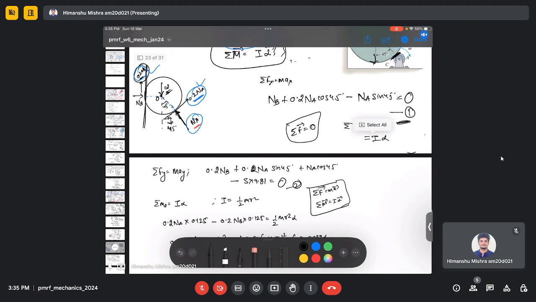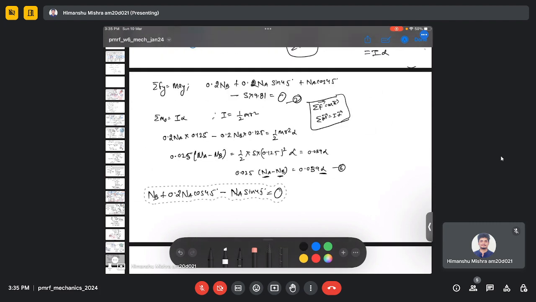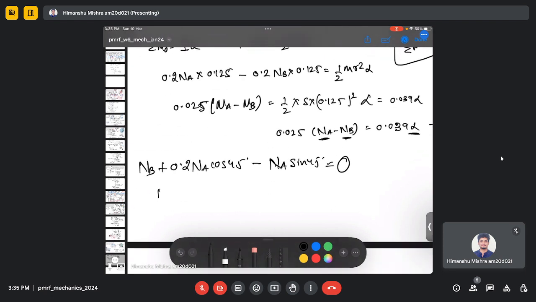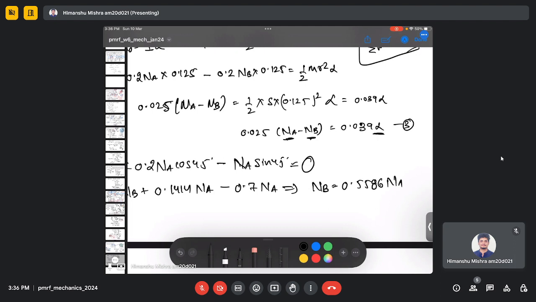So first we can write equation 1 here again. So we obtain this relation between NB and NA from equation 1.